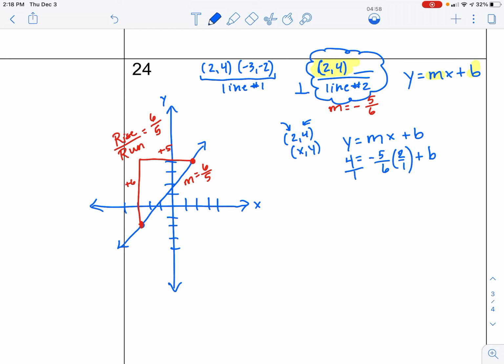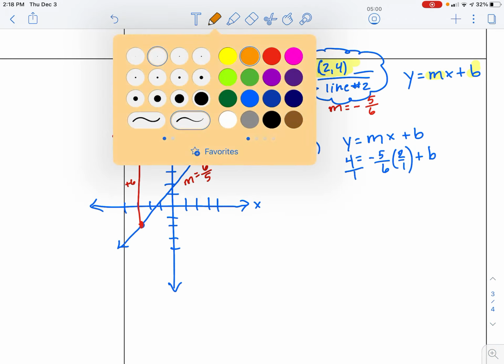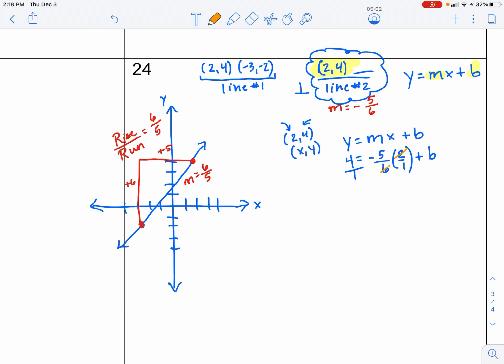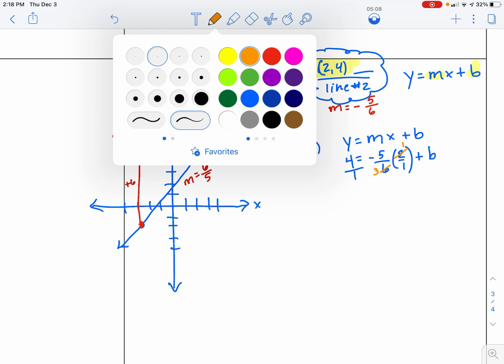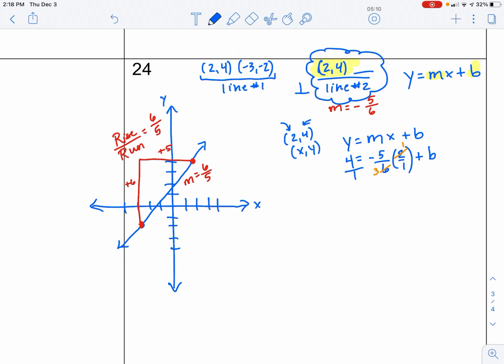I can cross cancel right here for a 1 and a 3, which means now that I have 4 over 1. I'm going to change this to 12 over 3, and you'll see why in just a second. I want it to have a denominator of 3 because look what happened over on the right-hand side. I'm going to have negative 5/3 plus b.